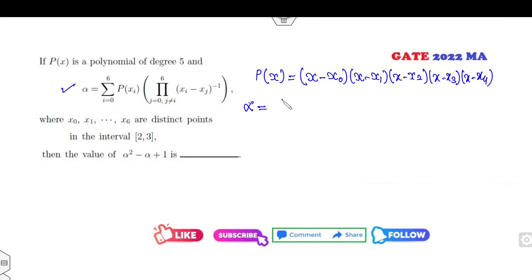For i equal to 0, P(x0) into the inverse, I can write it as a denominator, the product over j equal to 0 but j not equal to i.